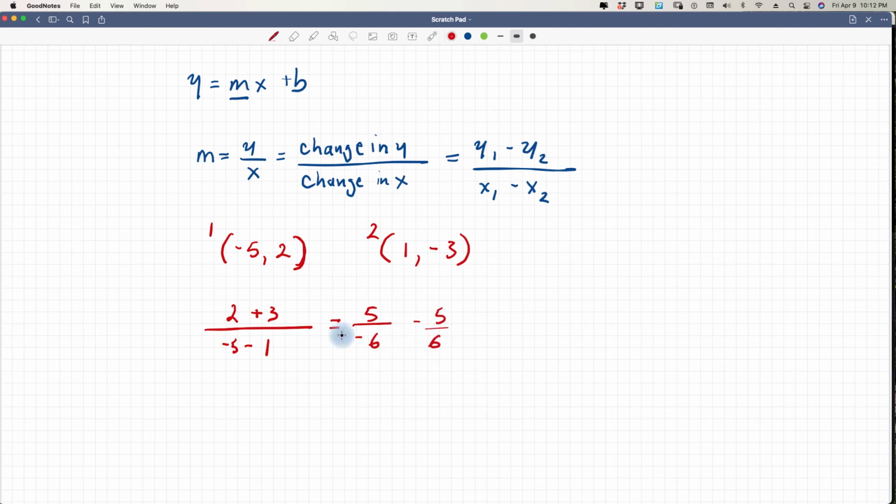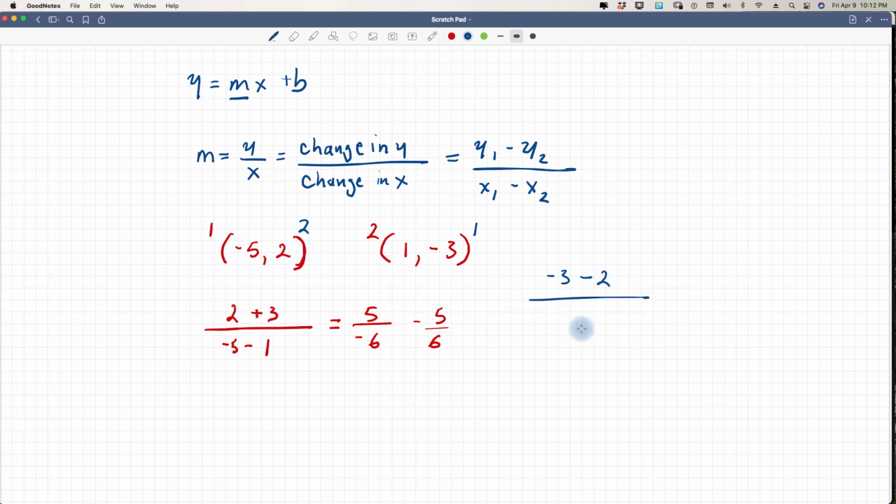Now let's reverse. Let's say this is point 2 and this is point 1. This is a good way to check your work and make sure you did your math correctly, is to just swap the points around. So now the y value for 1 is negative 3 minus the y value for 2, which is 2.